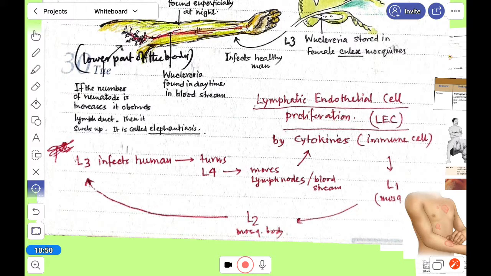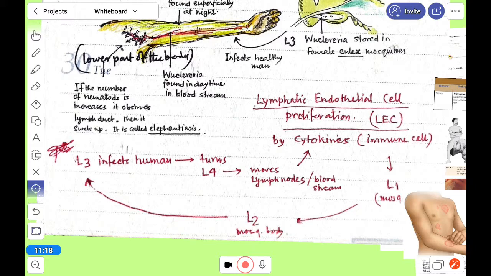Endothelial means inside layer, like in dengue fever you have seen the endothelial layer. Here it proliferates, and this proliferation creates swelling of different parts of the body, mostly where the lymph nodes are. So that is the problem in that disease.